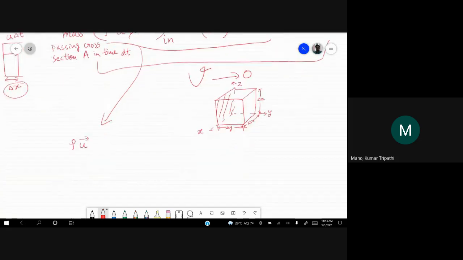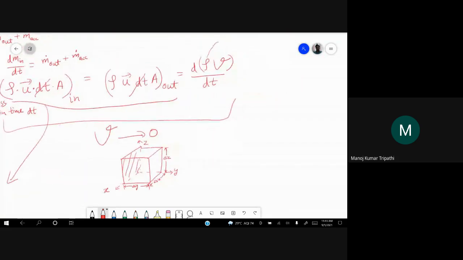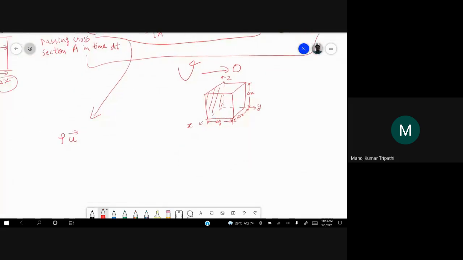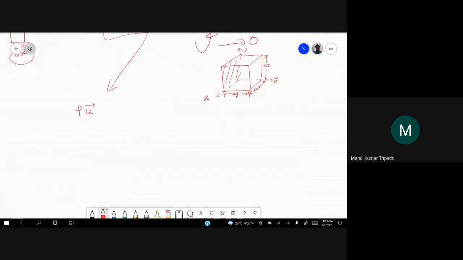So we will write the rate, and on the right hand side here we have written the rate of mass change. If we wanted to write the total mass change or mass accumulated, we would have written dt here. So the rate multiplied by the actual time passed. So this dt cancels out from here and you get rho u A. A is delta x, delta z.